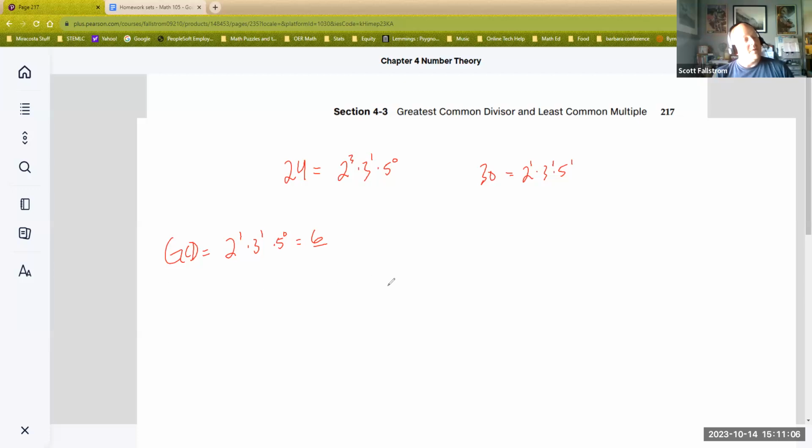So now let's start talking about multiples. The number 24 has multiples: 24, 48, 72. If you want to find these, grab your calculator, type 24 plus 24, and then keep hitting equals.